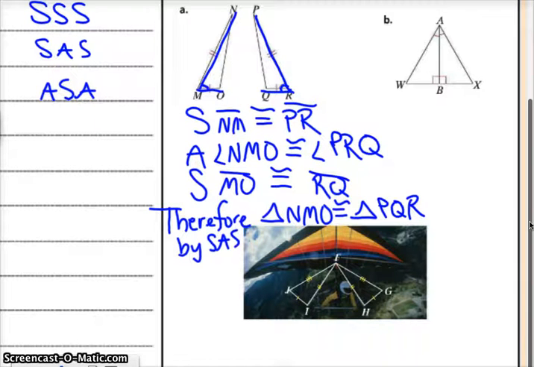So I proved the theorem that many people have proved. I used a previous proof to prove that these two triangles are the same. By SAS, and then proofs end with a little box saying done. It's like a stamp of approval. You're done.